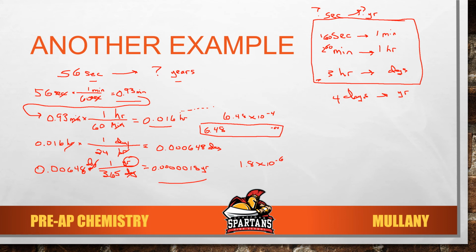So that is it. I have one final thing for pre-AP people. If you are a regular chemistry person, this will be kind of confusing, so you don't need to worry about it. But for all y'all pre-AP people, let's talk significant figures. So let's just deal with it right here.